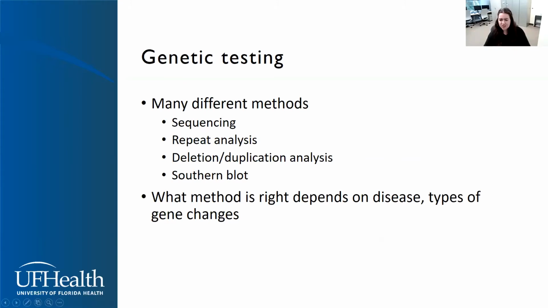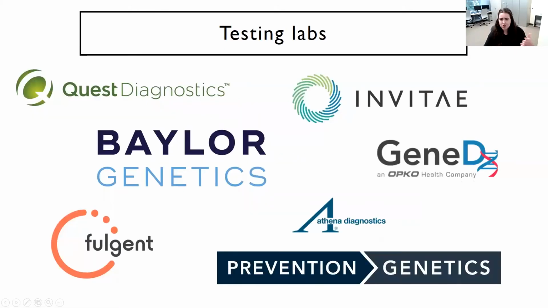But to speak generally about what the testing process would look like, you would go through a commercial lab. Here are some examples of commercial testing labs. Now, some of you may have had genetic testing done at a research lab. The important thing to note about that, and really the only difference between a research lab and a commercial lab, is that commercial labs have to follow a federal statute called CLIA, which basically has some rules about how samples are handled and things like that.